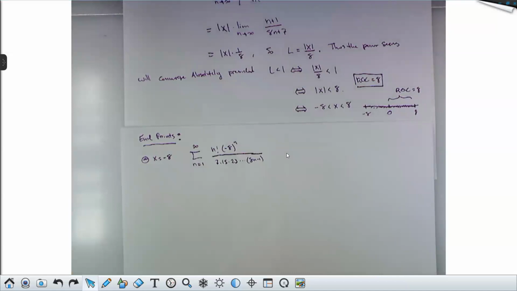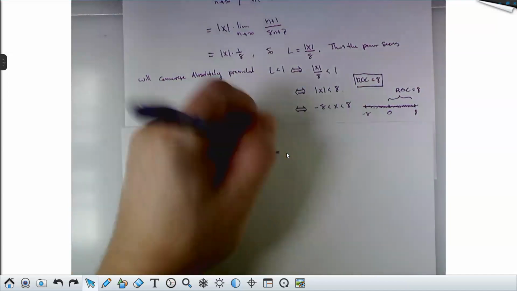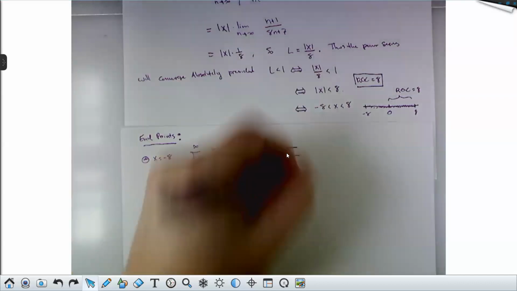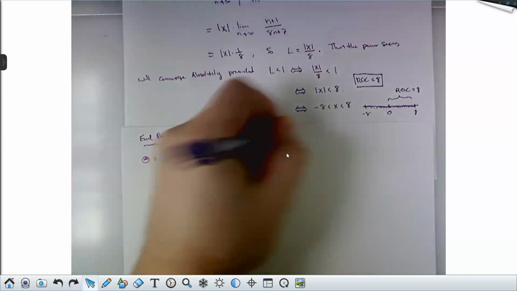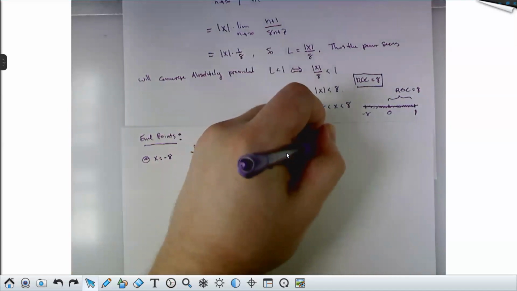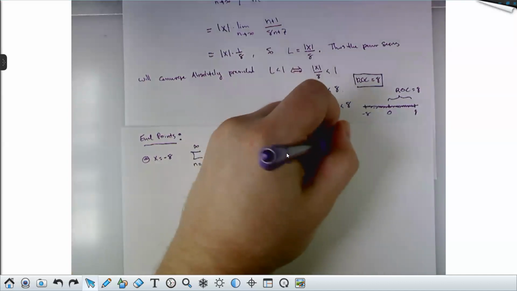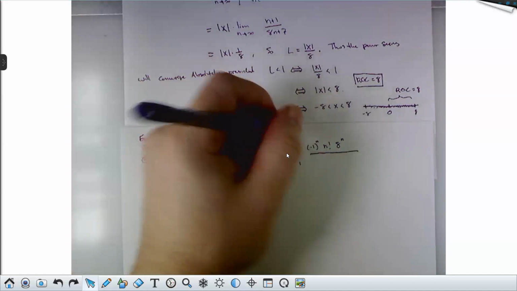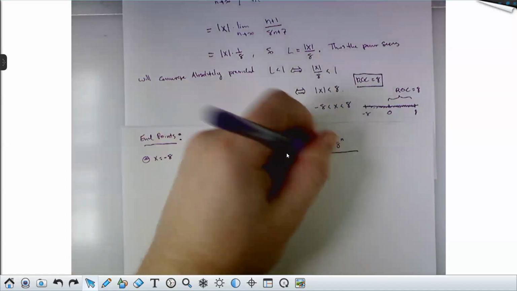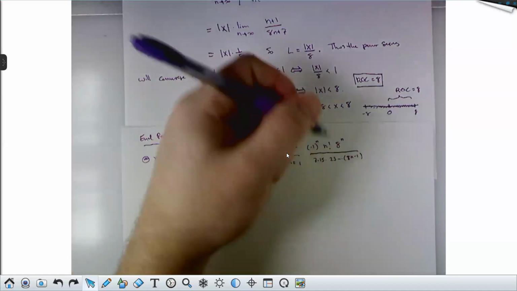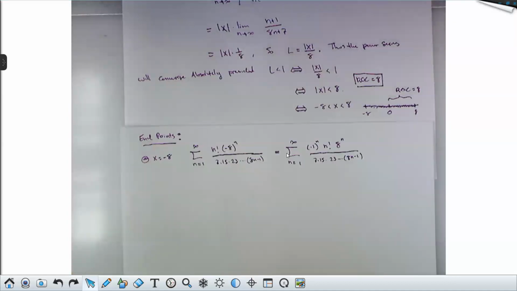Yeah, I won't lie. It's not jumping out at me right away. With all of those factorial-like things, I'm tempted to say we should run the ratio test, but we know that the ratio test limit here would come out to 1. So this is -1 to the n, n factorial, 8 to the n over this weird product. Yeah, I have to think for a minute here.